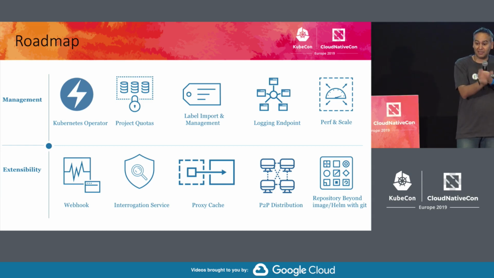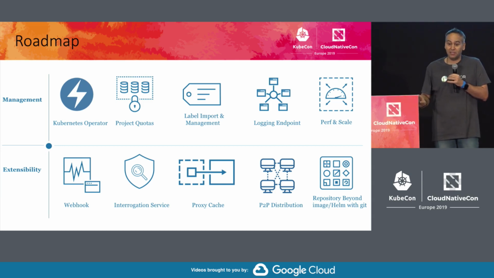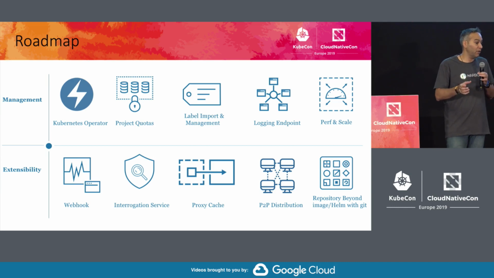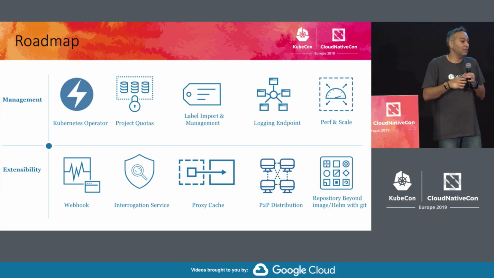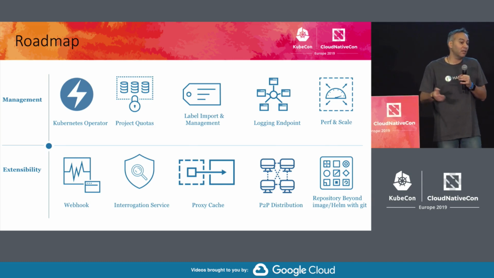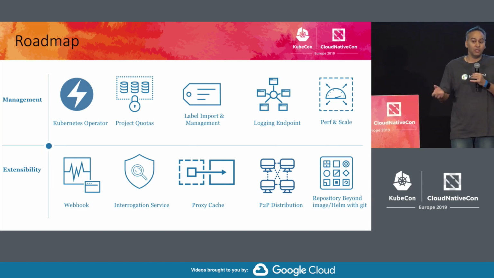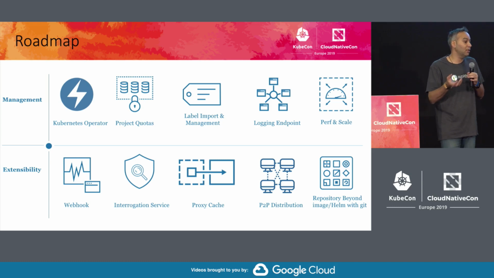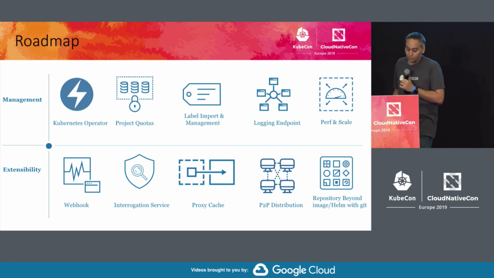So instead of creating a separate installation of Harbor for every business unit, you can now create projects and not only add the authenticated users to that project, you will be able to add the artifacts, the container images, the Helm charts, but now you'll also be able to add policy from a storage and quota perspective.